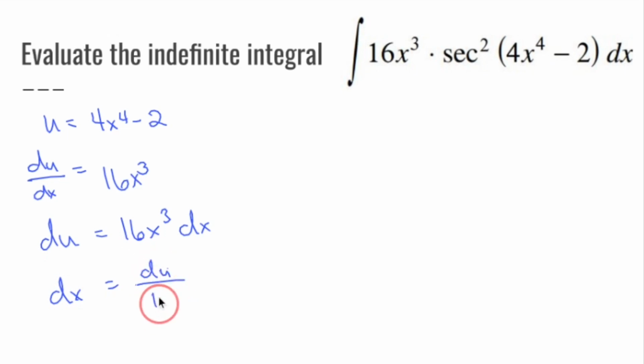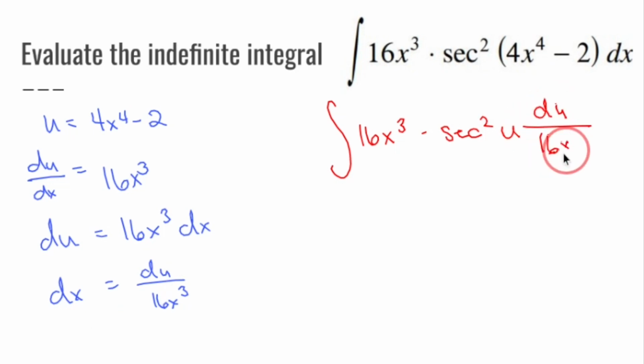Du over 16x cubed. Now I'm going to rewrite this integral: 16x to the third times secant squared, that became u, and dx became du over 16x cubed.